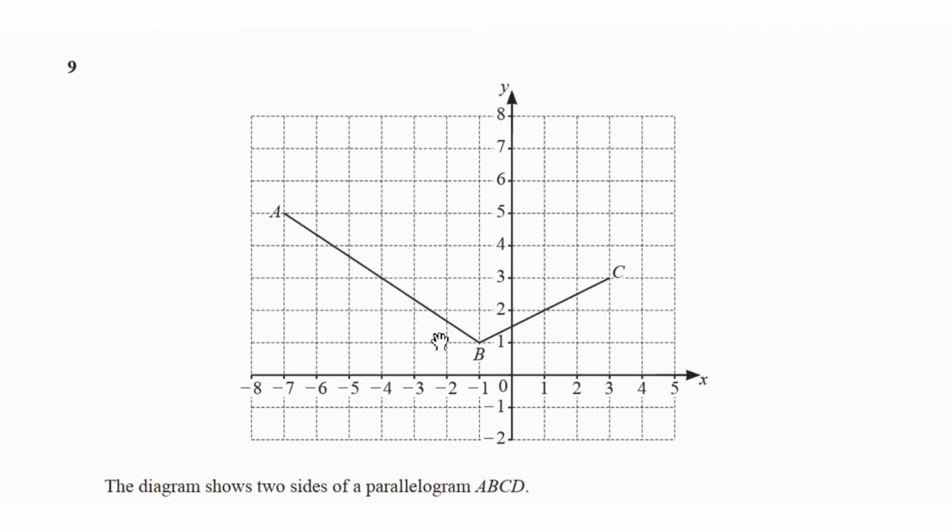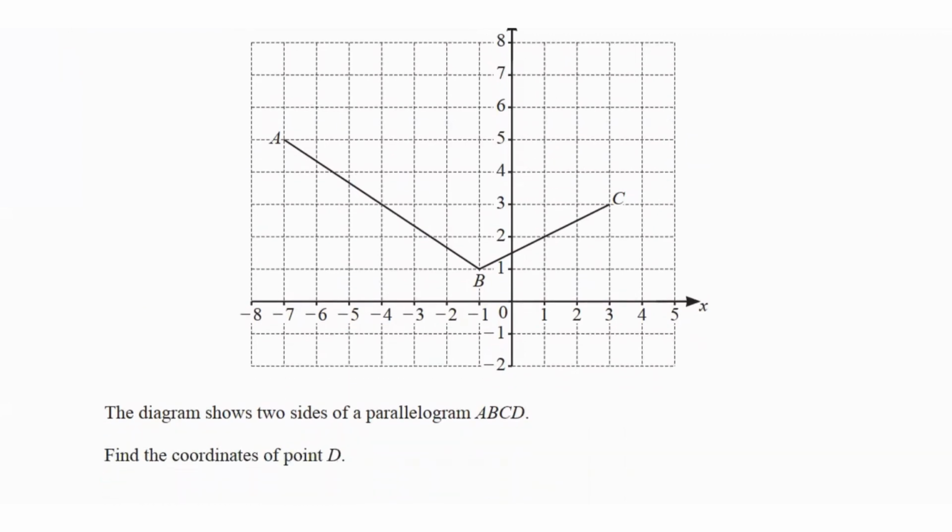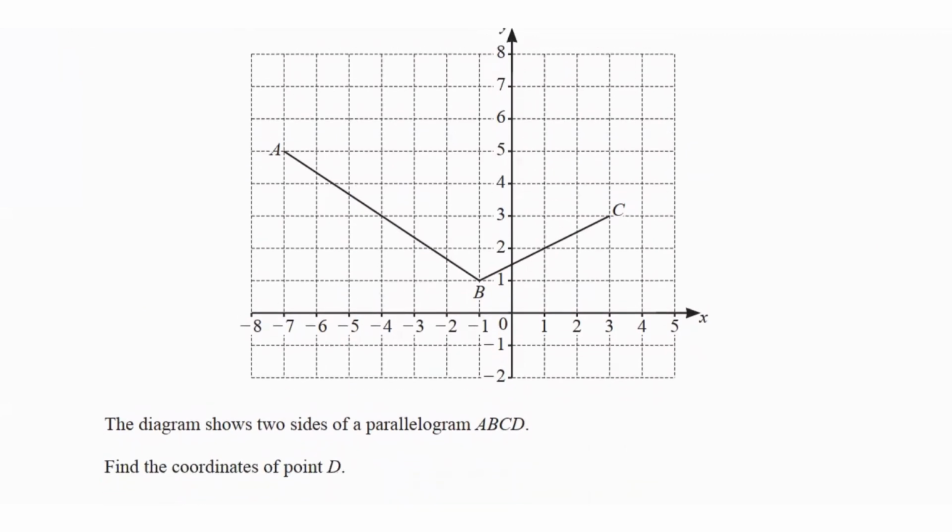Question 9 says the diagram shows 2 sides of parallelogram ABCD. Find the coordinates of D. So if we look at the horizontal and vertical distance between B and C, that's 1, 2, 3, 4 units over here and 2 units vertically. The same concept will be applied when we start walking from A. We walk 1, 2, 3, 4 units horizontally, 1, 2 units vertically.